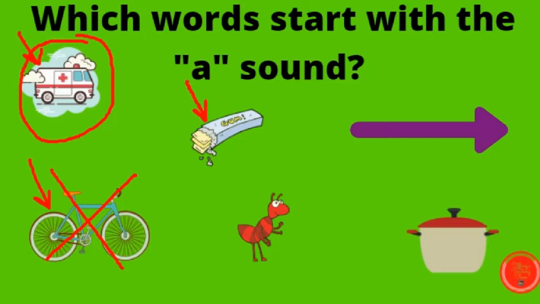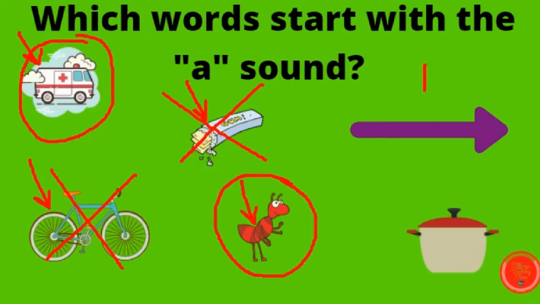Gum, g, gum. No, I hear g at the beginning. How about ant? Ant. Yes, let's circle ant. Do you hear a when we say arrow? Arrow. Yes.